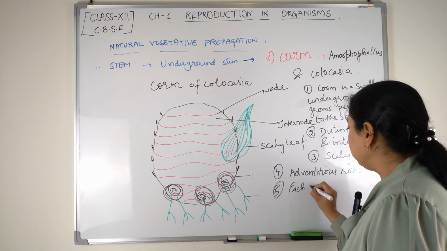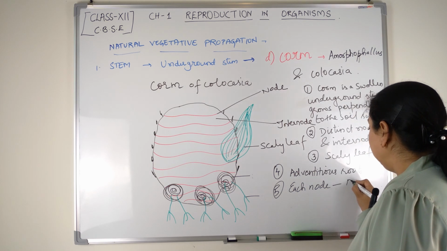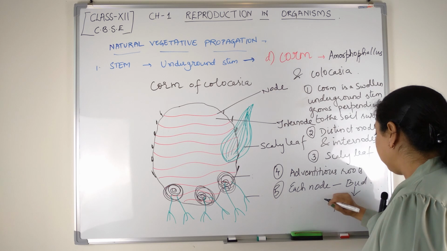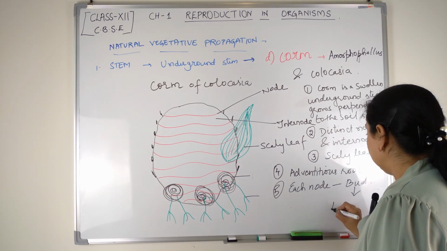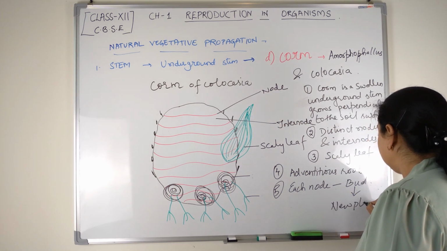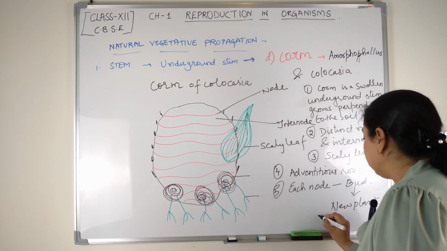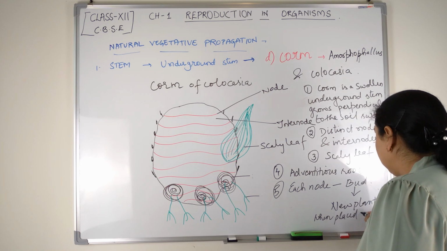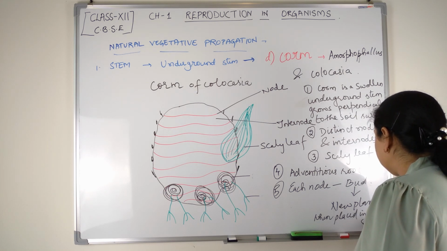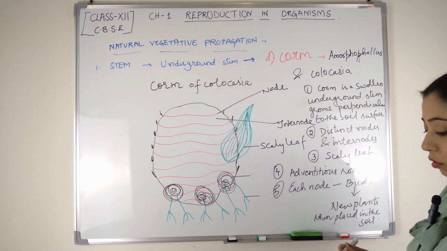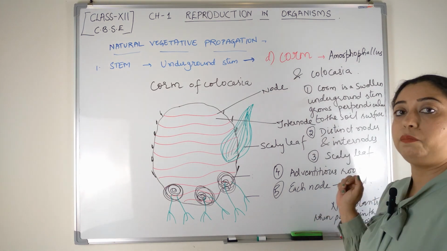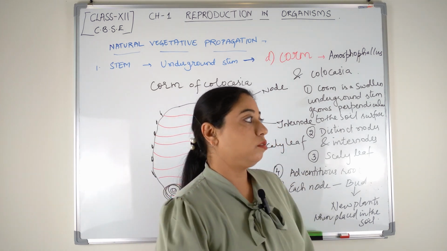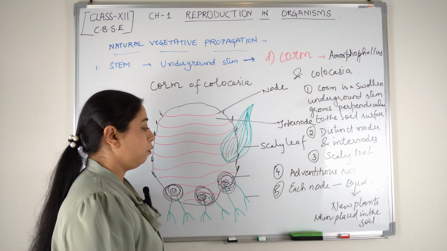Each node has a bud. Which bud? Axillary bud, which can give rise to a new plant when placed in the soil. So each node has a bud which gives rise to the new plant once it is placed in the soil. So this is about the structure of a corm.